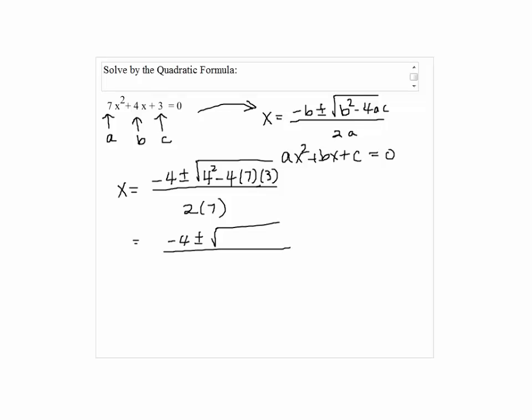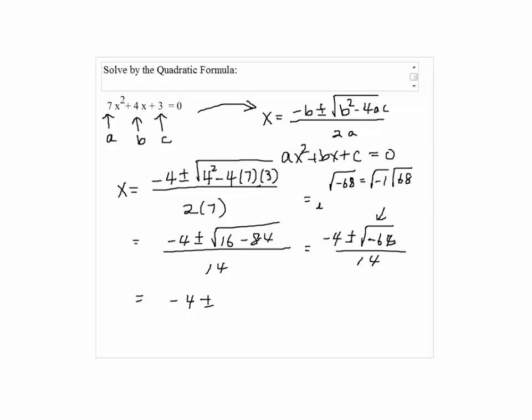So we have negative 4 plus or minus the square root of 16 minus 84 over 14. So we have negative 4 plus or minus the square root of negative 68 over 14. Now, the square root of negative 68 is given by the square root of negative 1 times the square root of 68, which is i square root of 68.